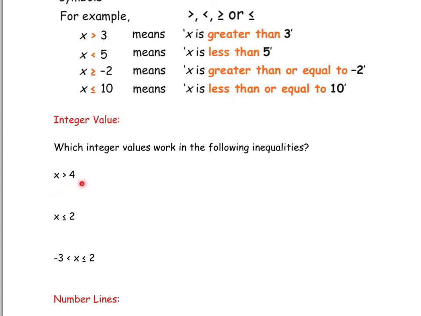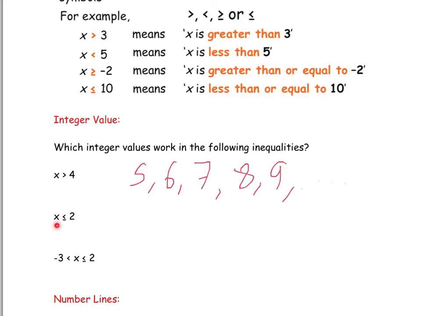Now remember, you may have been told this in primary school as the crocodile eats the bigger number. So we want numbers that are bigger than 4. But it can't be equal to 4 because it's not got a line underneath. So what numbers are bigger than 4? Well, we could have 5, 6, 7, 8, 9, etc. They are all integer values that will work in that inequality.